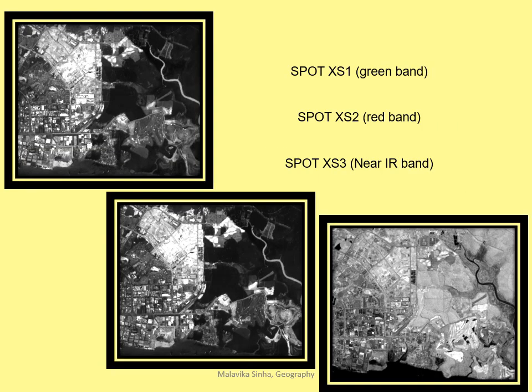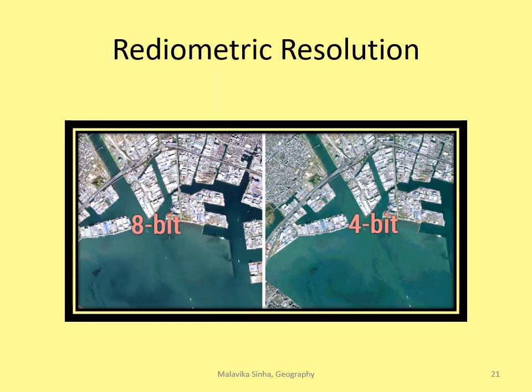This is a SPOT image in grayscale. Sometimes grayscale, in spite of being just a black and white combination, is very useful to identify very minute objects on the Earth's surface. And this is radiometric resolution. This is an 8-bit image, and this is a 4-bit image. From 8-bit it can vary up to 12-bit.